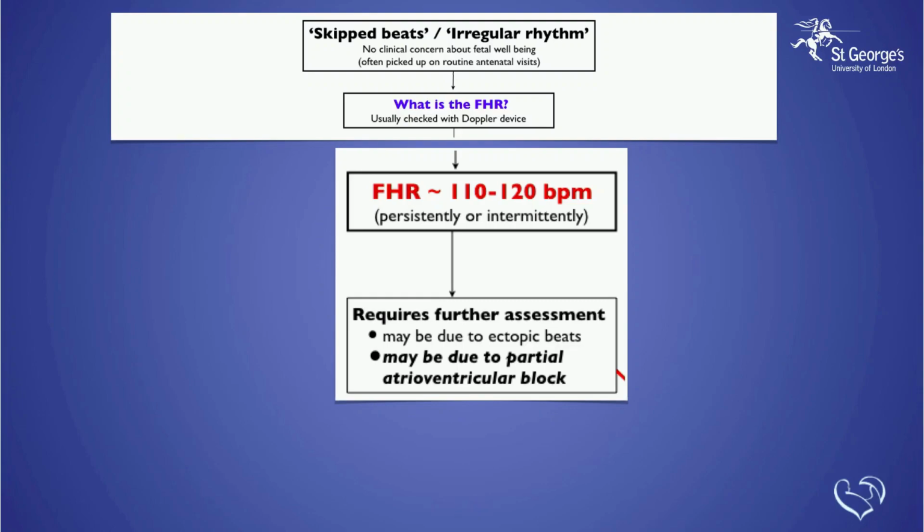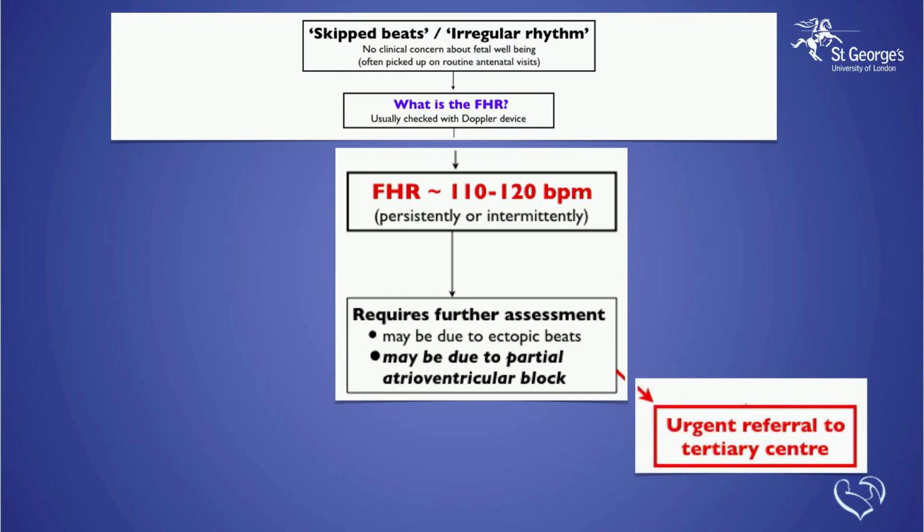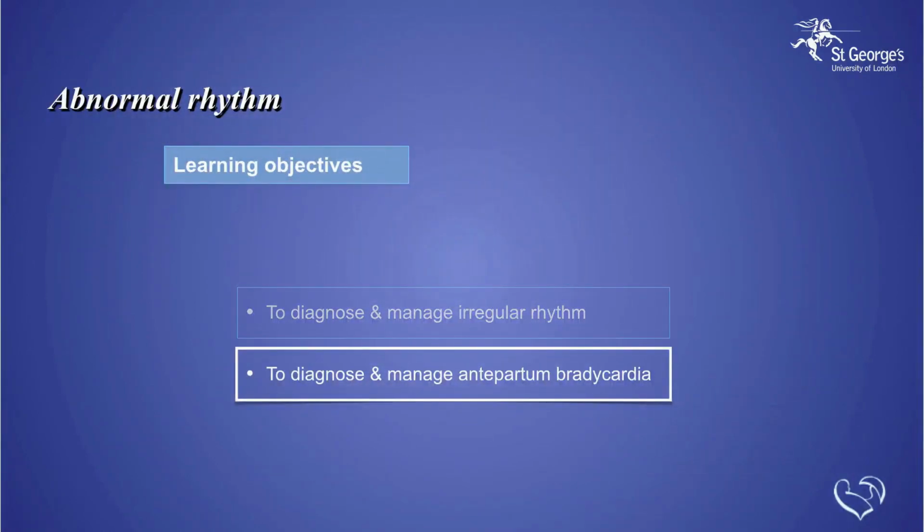But that group is not very common, but that could be some of the pictures I showed. It could be blocked trigeminy, it could be a form of second-degree atrioventricular block. But this is the small percentage, the 2 to 5%. That needs urgent referral. So heart rate is crucial when you're trying to stratify which patients are going to be referred. So I hope that that is clear.